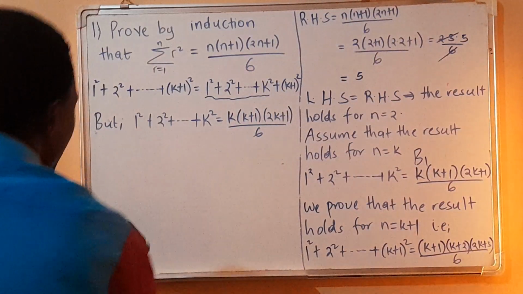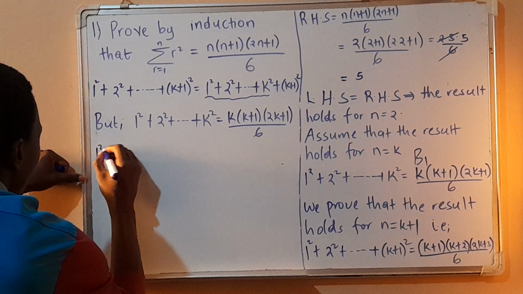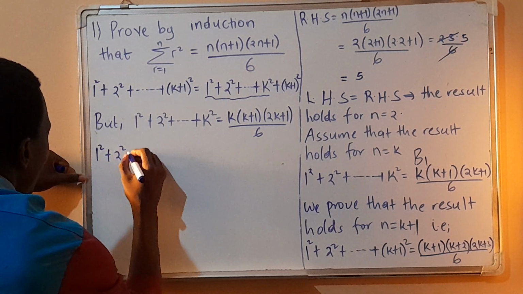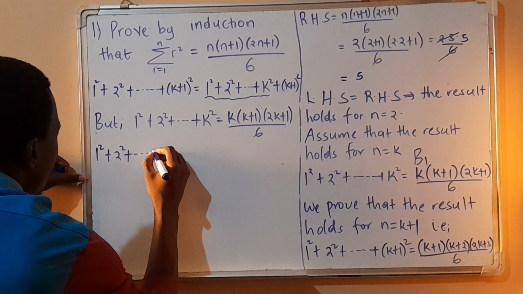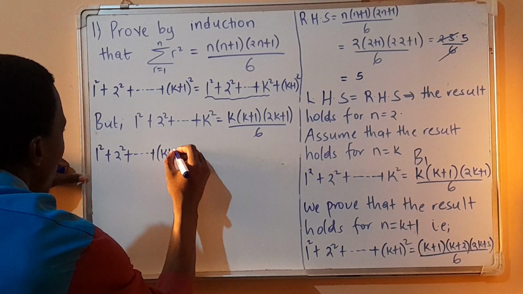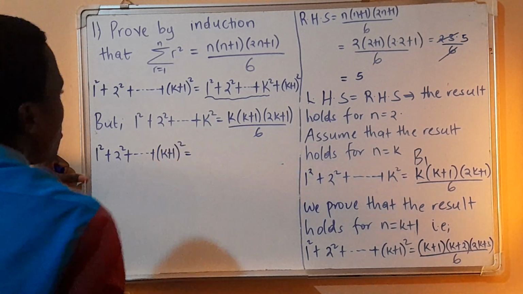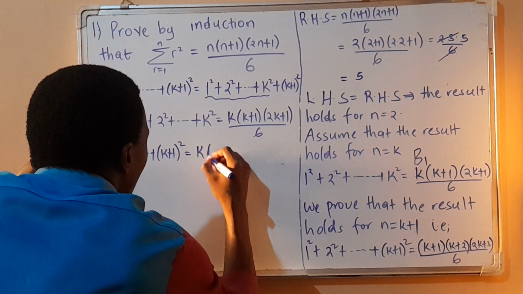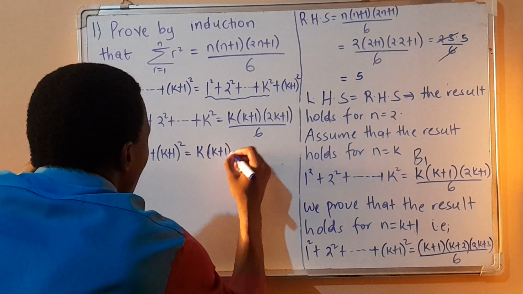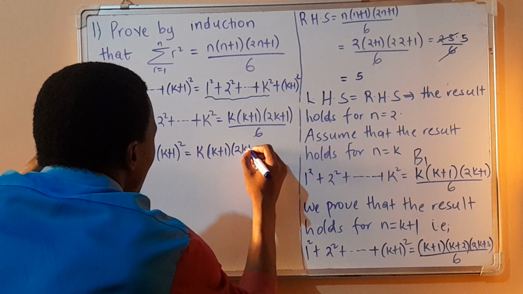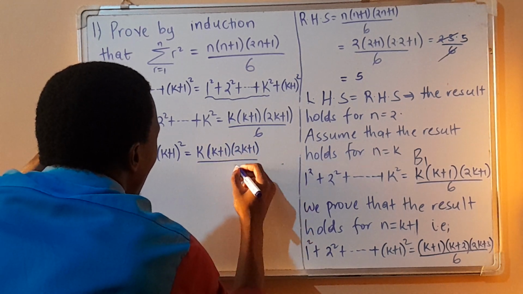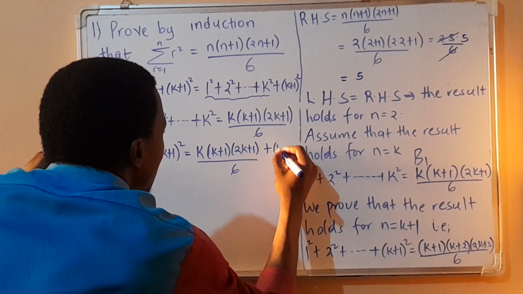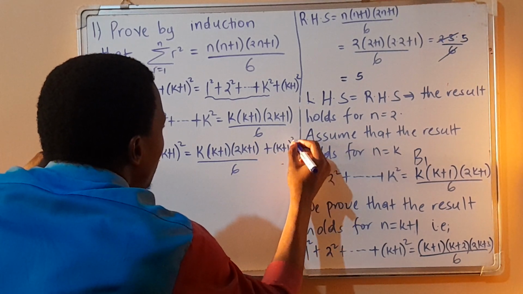Therefore, we shall have 1 squared plus 2 squared plus ... k plus 1 squared. This is equal to, where there is this sum, I substitute k plus 1, 2k plus 1 over 6, then plus k plus 1 squared.